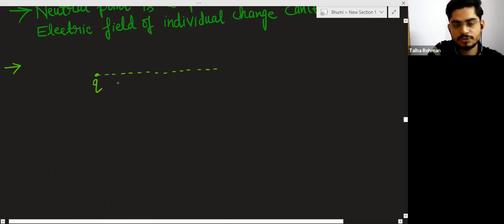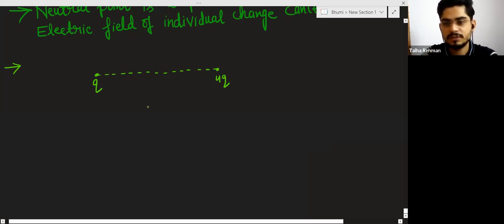Here a positive charge Q is placed, and here a positive charge of 4Q. This charge is 4 times this charge, and we want to find the neutral point of this system. Neutral means electric field zero at that point.